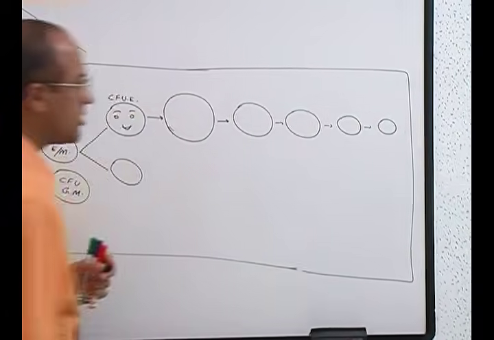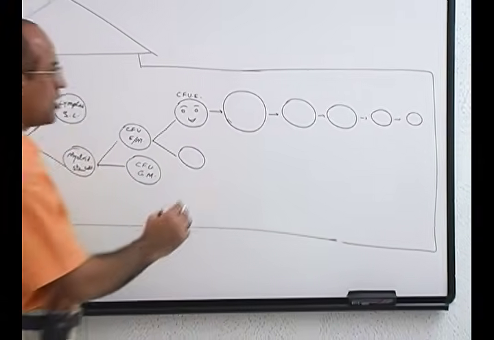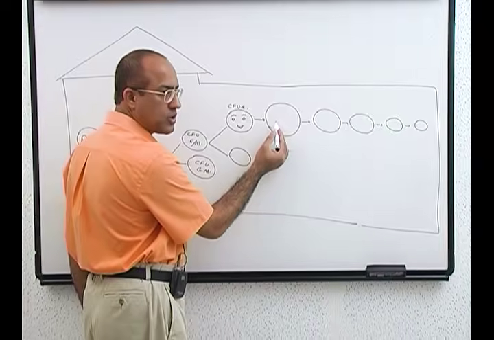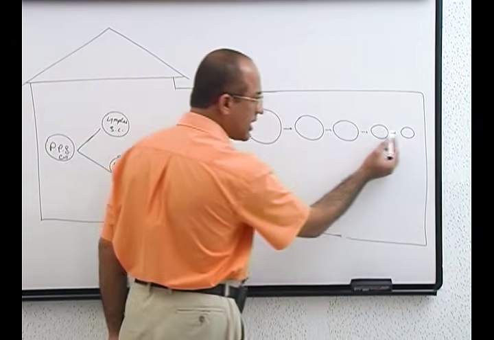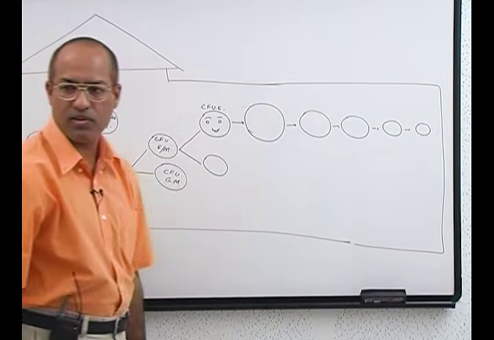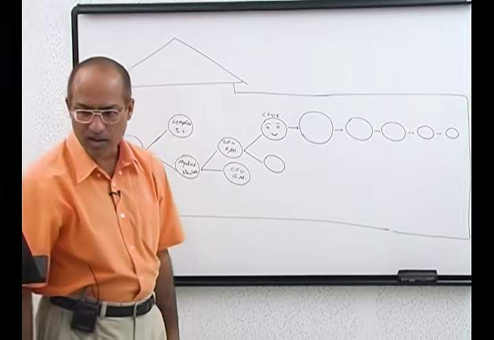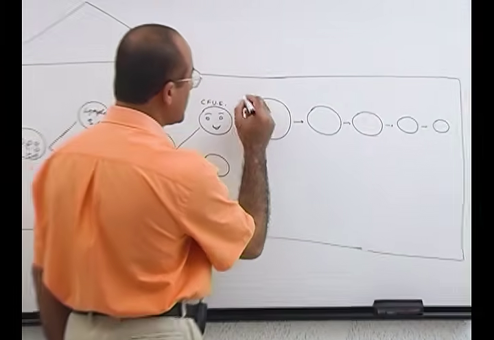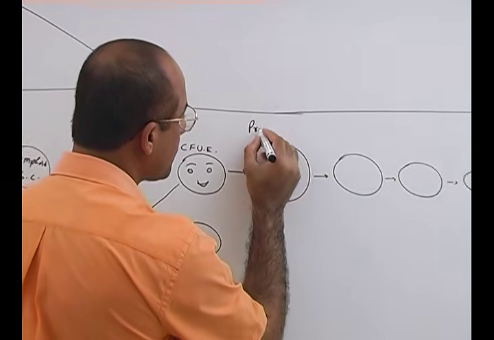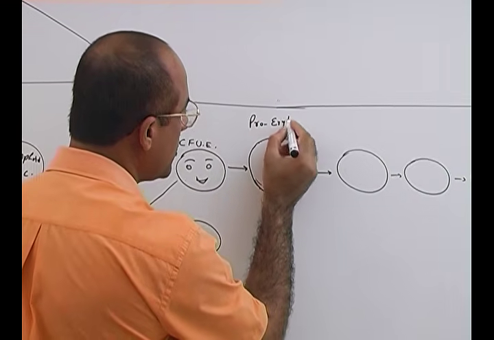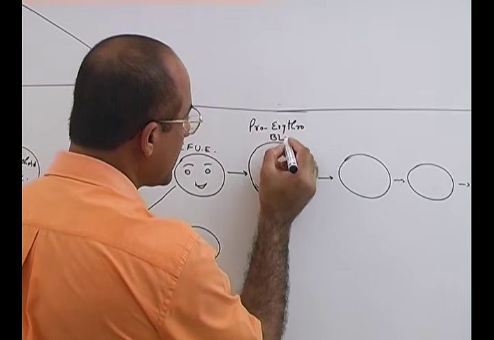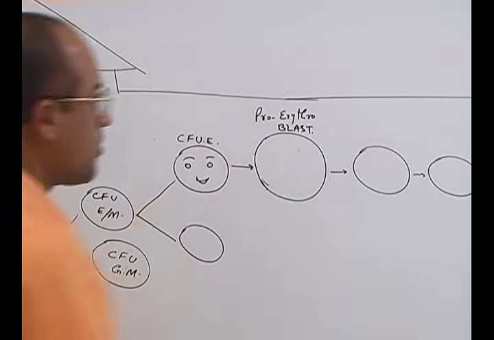This is a very important concept: when the proerythroblast differentiates into more mature cells, the derivative cells are progressively getting smaller. This is the proerythroblast. Blast means rapidly proliferating cell.